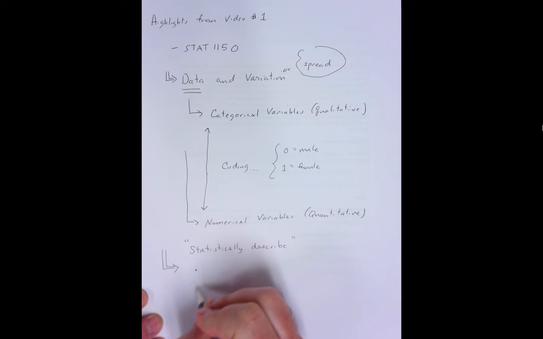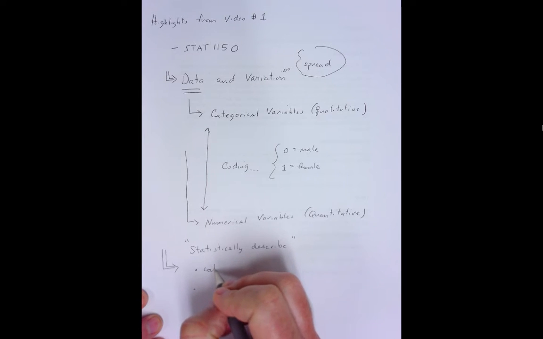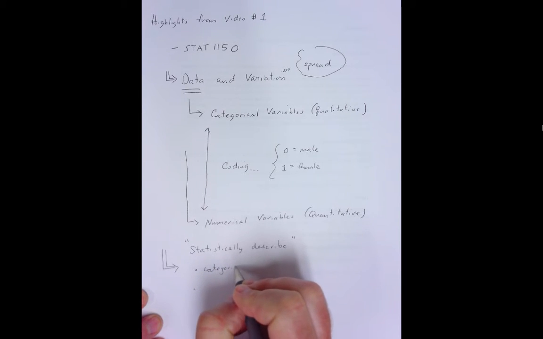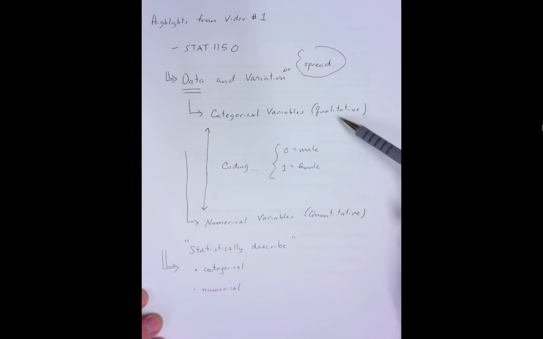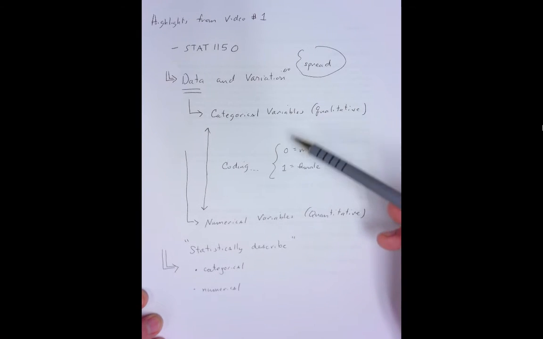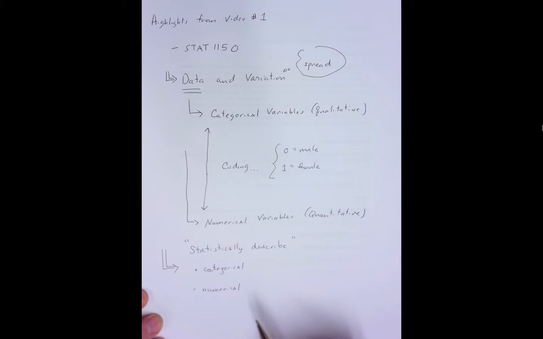It depends on whether we have a categorical variable or a numerical variable. So guys, I'm used to calling this qualitative and quantitative, but your book calls it numerical and categorical, so I'm having to change. If it slips out and I call it quantitative, just overlook me.